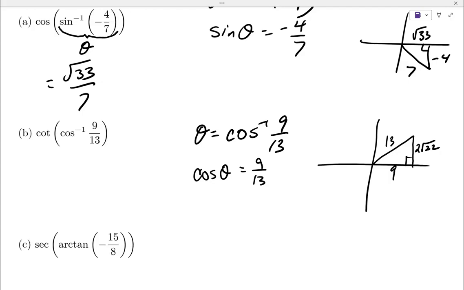We want, again, what did we call this? Theta. So the problem is asking you for cotangent of theta. How do you find cotangent? What do you use? Yeah, 1 over tangent. Tangent is opposite over adjacent, so cotangent is the adjacent over the opposite, so this will be 9 over 2 root 22.